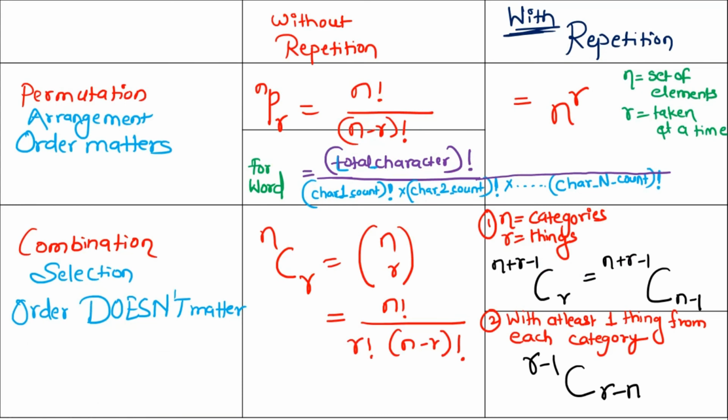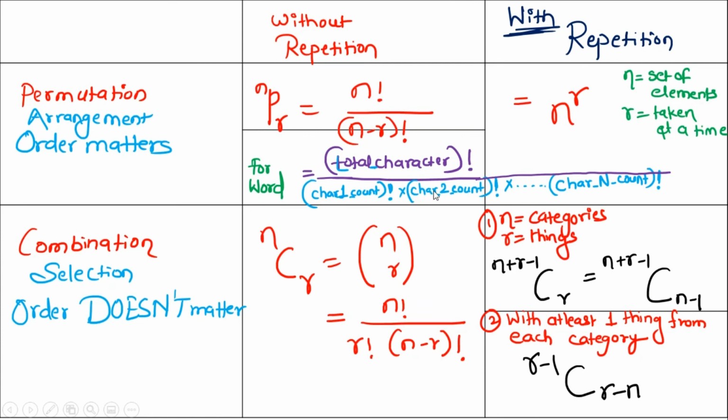And now the summary for permutation and combination. Permutation without repetition will have the formula nPr. If you are performing the same thing for words, you just have to find how many permutations are available for a given word. So the formula is the total characters of that word divided by, for each particular character from A to Z, take the count of how many times that character is present, the factorial of that count, multiplied across the characters.